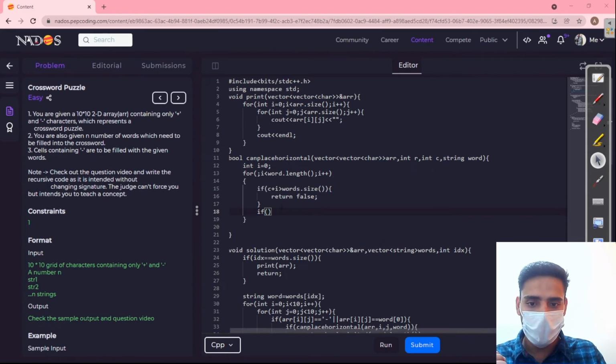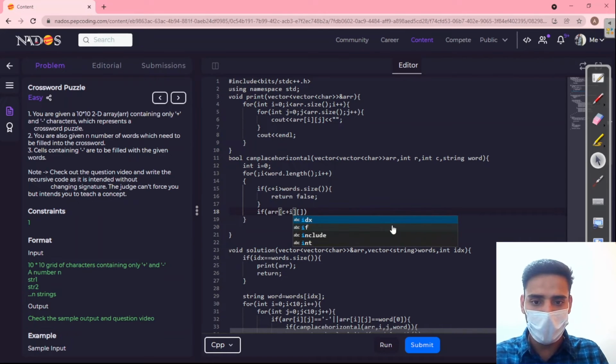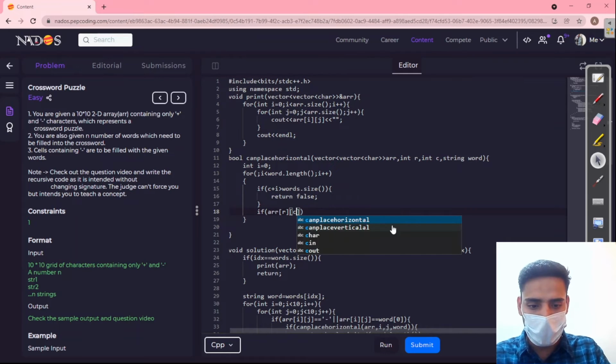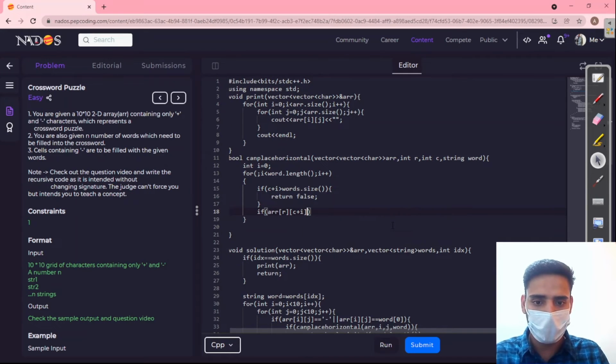Okay, so the second condition that we are going to check is if ARR of R, C plus I, what should that be?